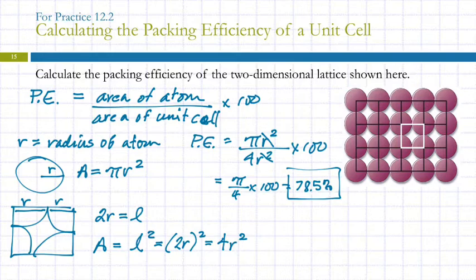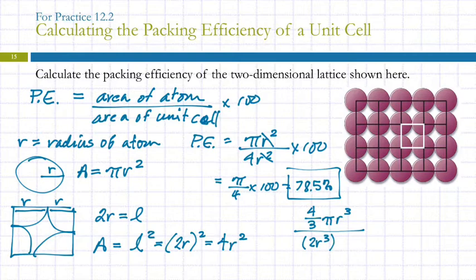What would the volume of an atom be? 4/3 pi r cubed, right? And then the volume of that unit cell, it's 2r on a side, so it'd be 2r cubed, right?